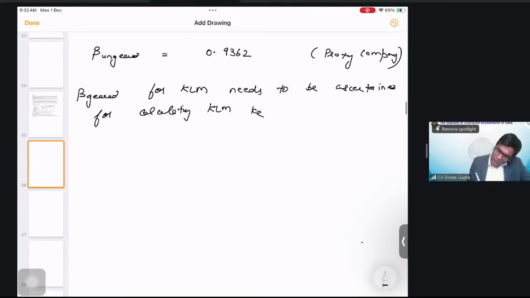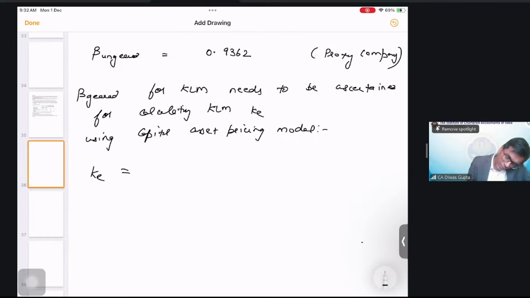We'll explain how. So here, the cost of equity using the capital asset pricing model. How do we calculate the cost of equity here?